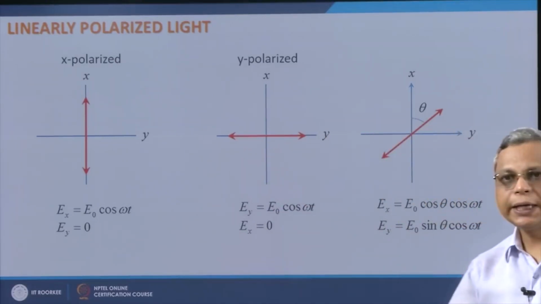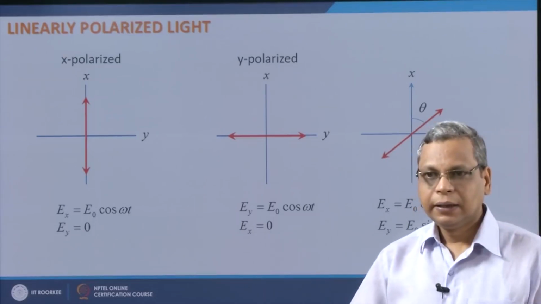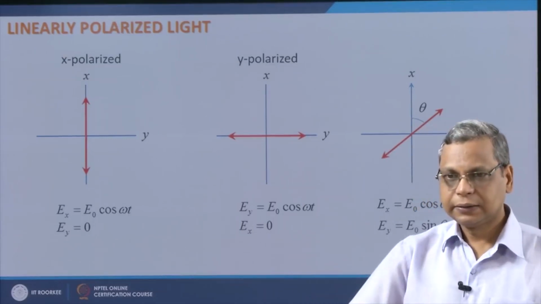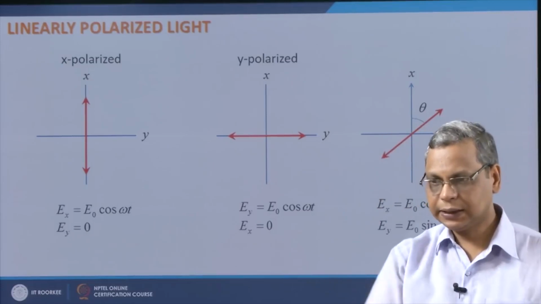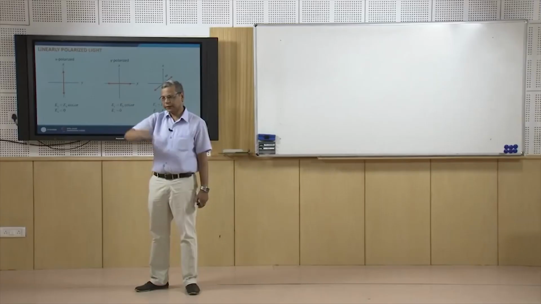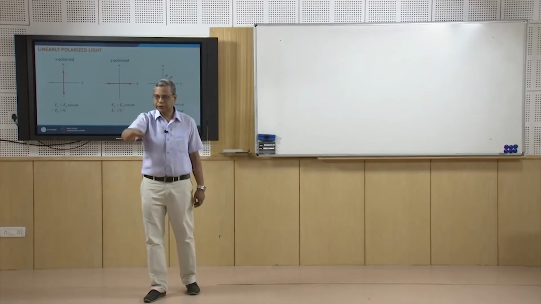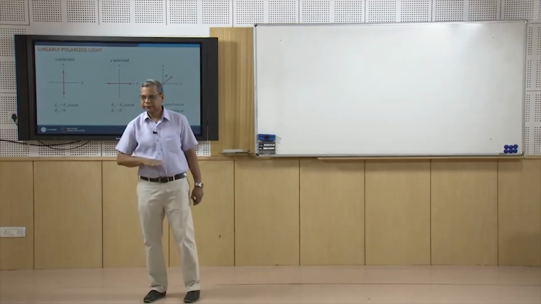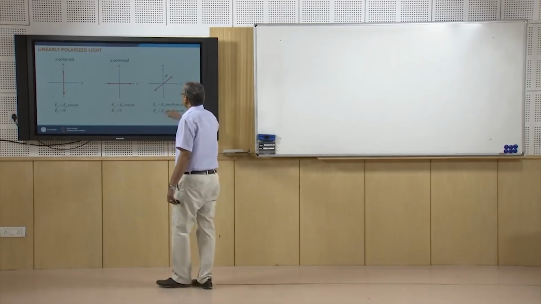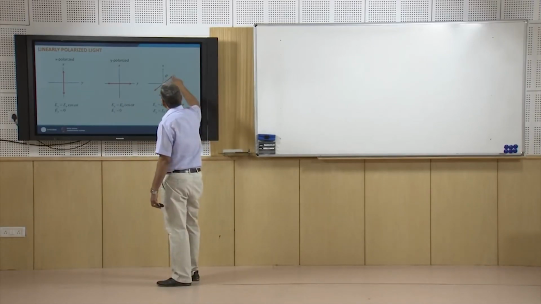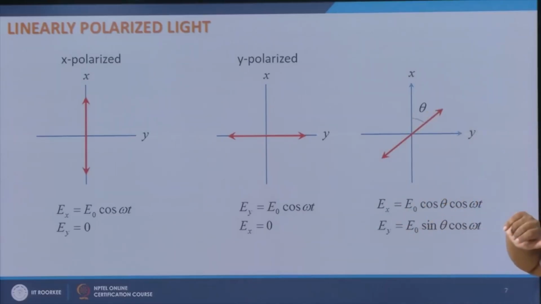But I can also shake the string in this direction. This is X, this is Y, but I can shake it in this direction also. Then I will create a wave which goes like this. The direction of vibration is now slanted. It makes a certain angle, say theta, from x axis.